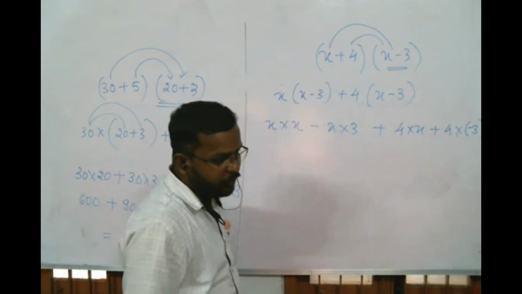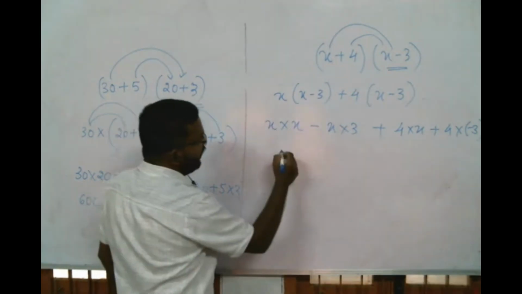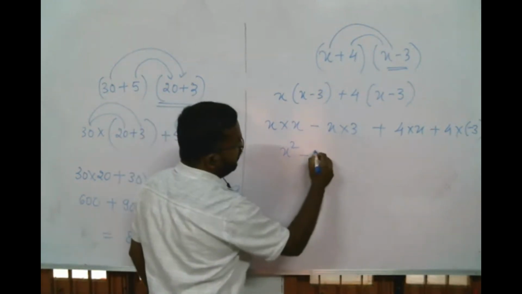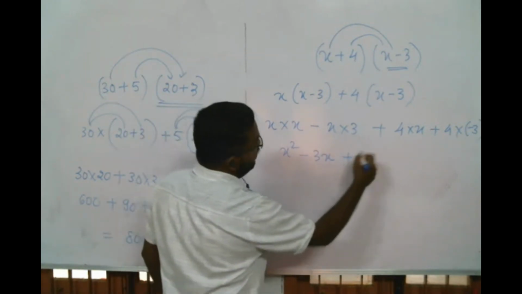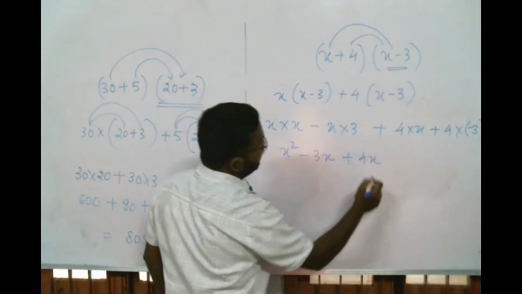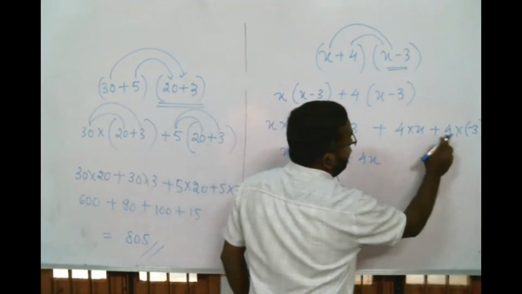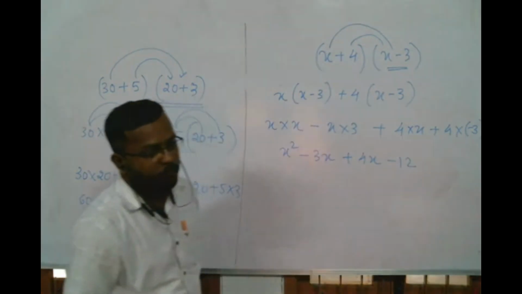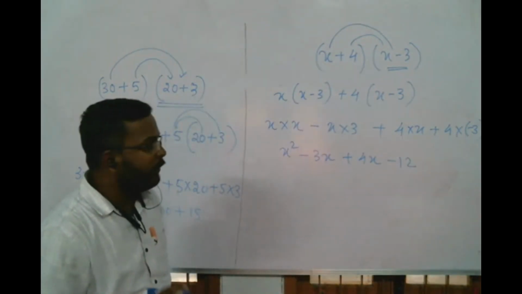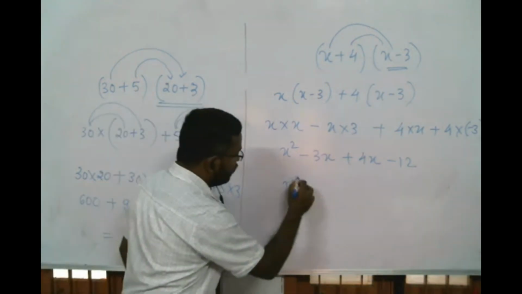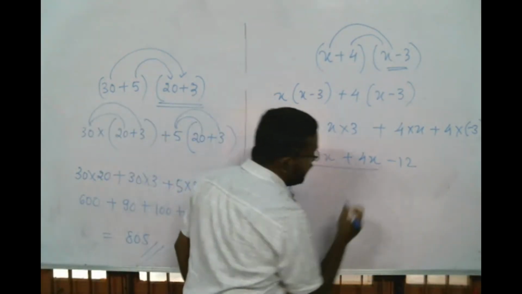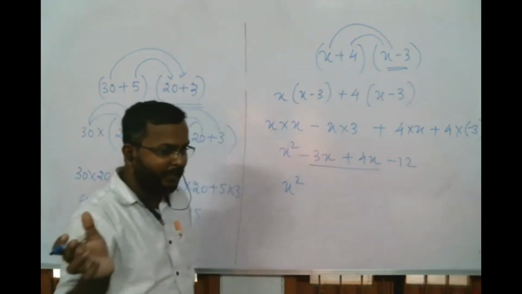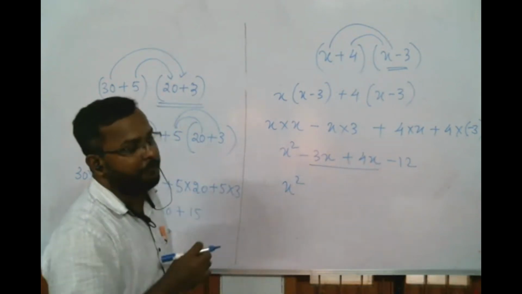Okay, so now you see here x into x you will get x square, minus x into 3 you will get 3x, plus 4 into x you will get 4x, and 4 into minus 3 you will get minus 12. Now x square, these two terms, minus 3x and 4x, are like terms and we can simplify them.